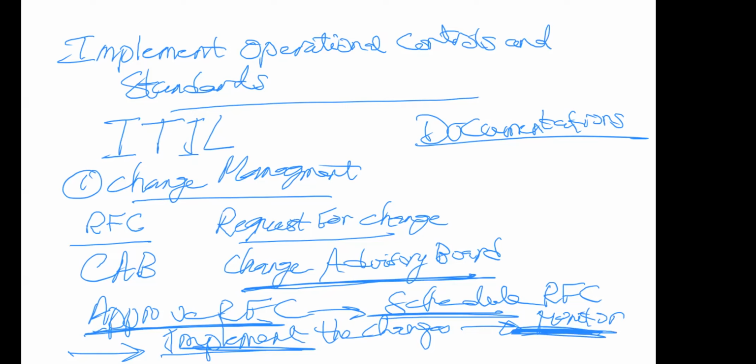When you do the changes, you have to monitor it and make sure that it achieves its objectives. Otherwise, you will be in trouble. Then the documentation. These are the steps. You don't need to know anything more about this management process.